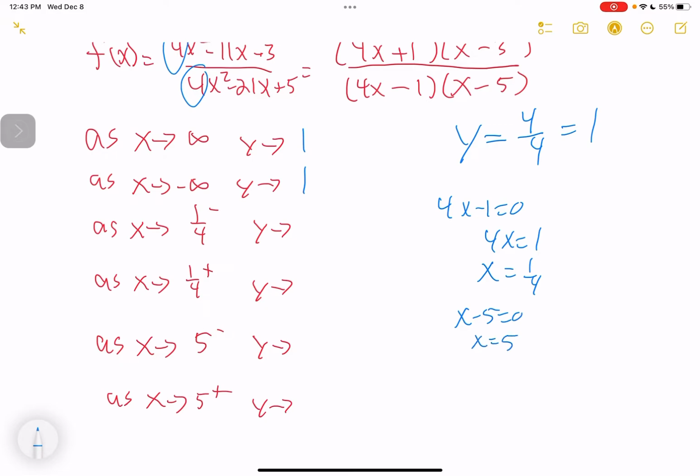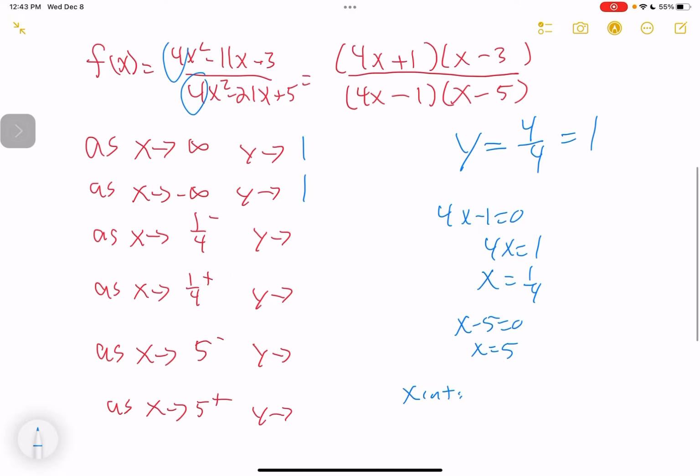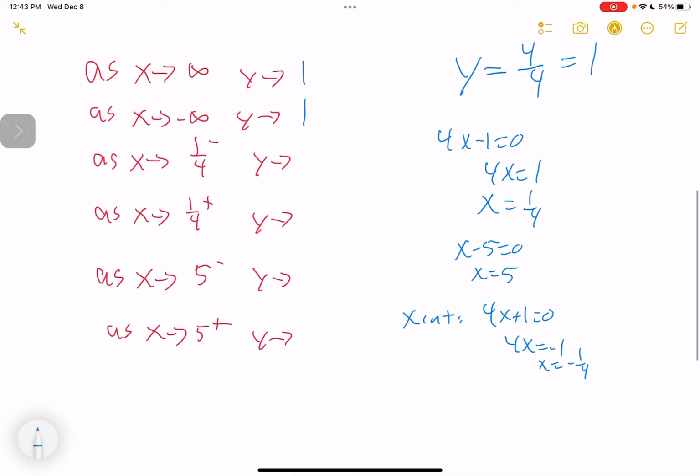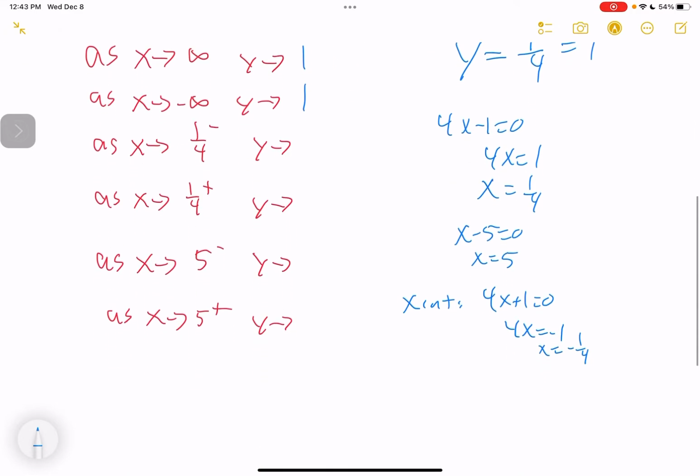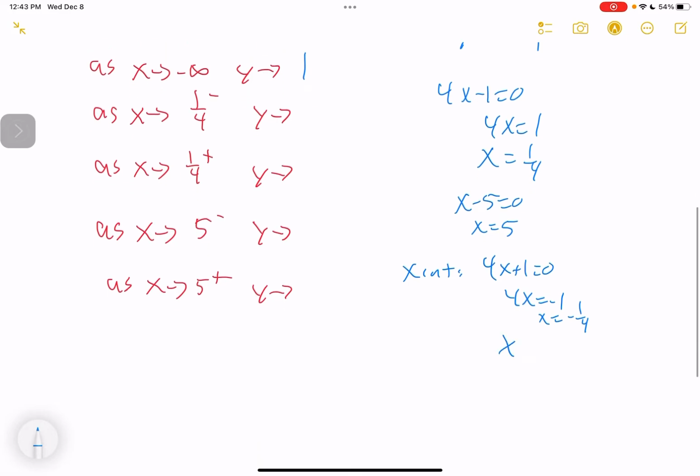We also want to look at our x-intercepts, so we're going to graph this and take a look at behavior. 4x plus 1 equals 0, that's the numerator factor, 4x equals negative 1, x equals negative 1/4. And x minus 3 equals 0 means x equals 3. So we have those intercepts.